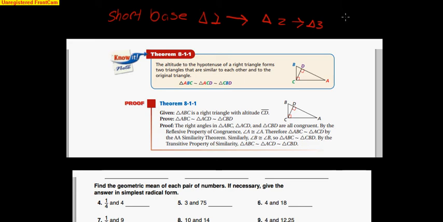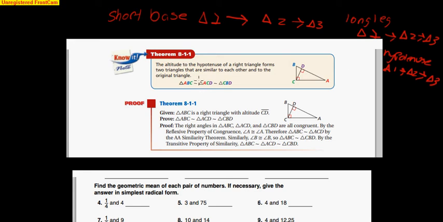You're going to compare the long base, or I guess they're called legs, the long leg of triangle 1 to the long leg of triangle 2 and the long leg of triangle 3. You're going to compare the hypotenuse of triangle 1 to that of triangle 2 and to that of triangle 3. Now this is going to help you create the same proportions.